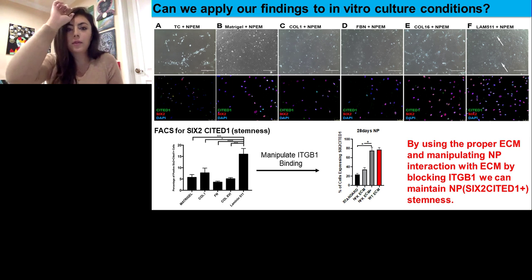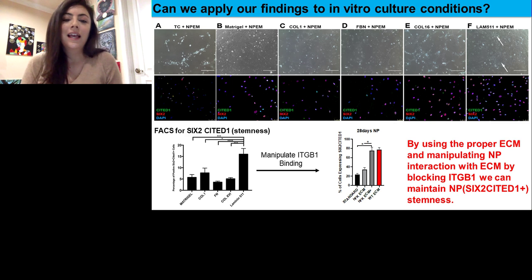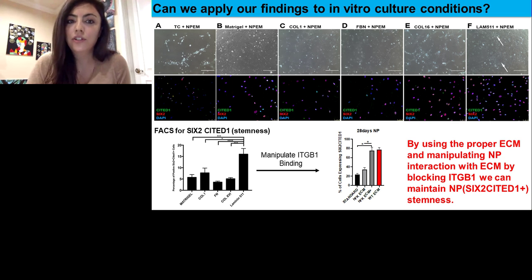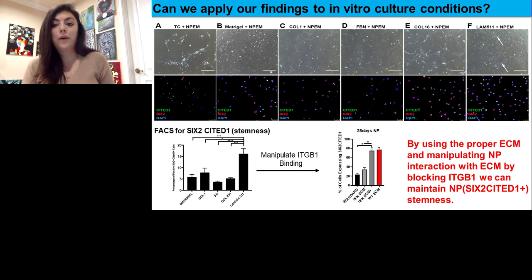So what we did is in vitro cultures of normal nephron progenitors, and we tested out different culture conditions. In particular, we tested tissue culture without any coating, and the cells do not like this, and they tend to not be able to attach. We tested Matrigel, which is the standard currently to culture these cells, and collagen 1, fibronectin, collagen 16, and laminin 511.